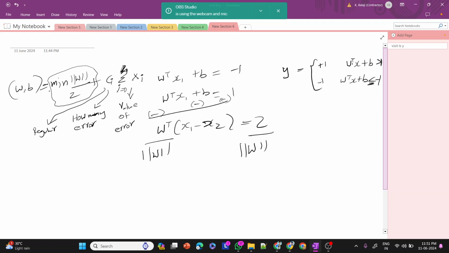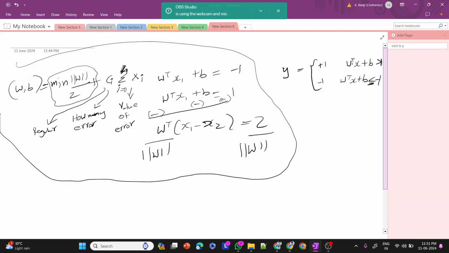By applying these formulas, we can get a good SVM model. This is the main concept behind the SVM algorithm.